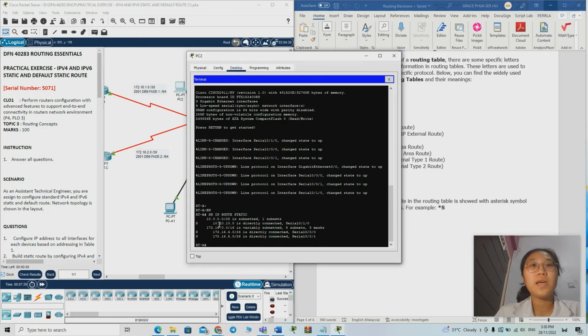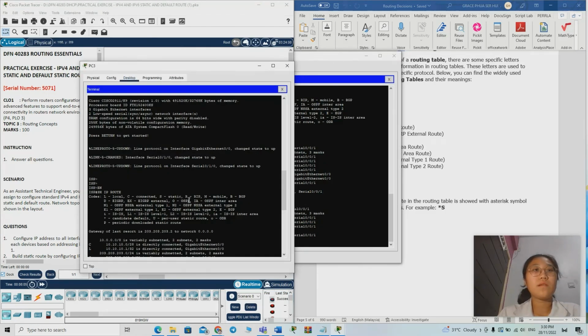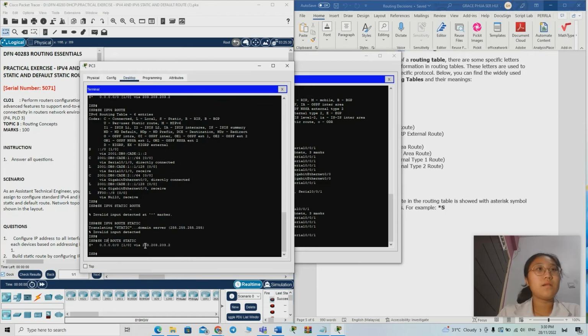The first one is the network 10.10.10.0, and the outgoing interface is S0/1/0, and the second static network is 172.16.4.0/26, and the outgoing interface is S0/0/0. The last static route network is 172.16.5.0/26, and the outgoing interface is S0/0/1. Still different from the ISP.